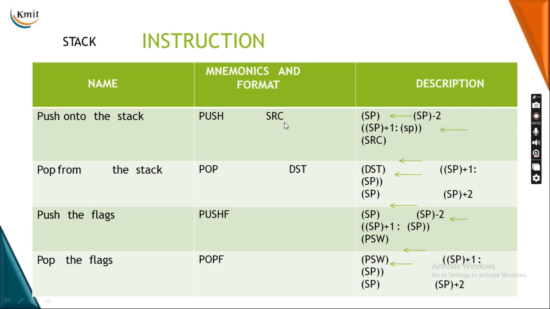What it will do is first make room at the top of the stack, so the stack pointer becomes SP minus 2. Then the source will be added into the top of the stack.